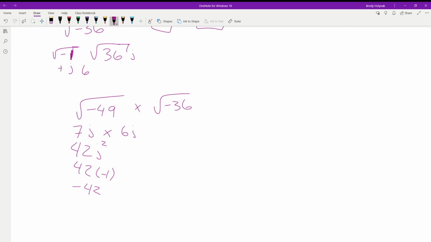Would our calculator even do that? I doubt it. It won't even do that, even though it works out to be a good answer. Calculators. It doesn't believe in imaginary numbers.